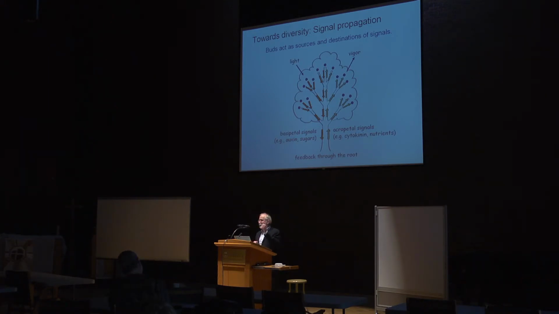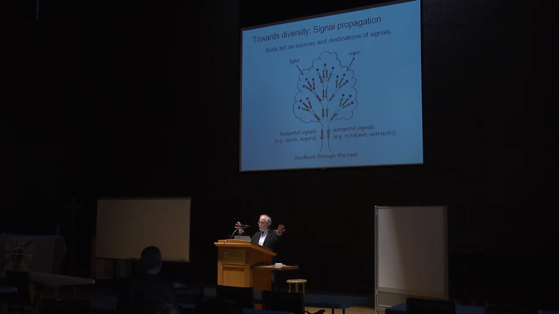A bud in medium light would grow quite nicely if all other buds around have much less light, but if other buds have more light, then this medium one is actually going to be overcompeted. So, in order to simulate this, we implemented an algorithm which was originally proposed by Bosch and Honda, and the idea of it is the following one.